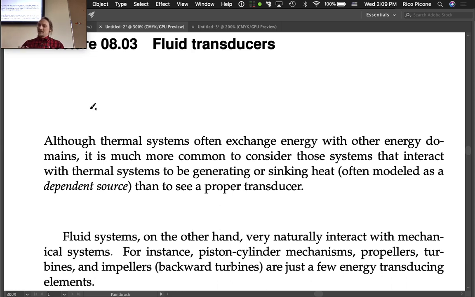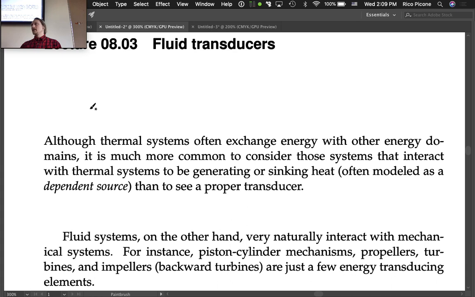So it's not arbitrary. For instance, a heat source interacting with another system might do so based on what the temperature is in the system. That's a very common variable that it would depend on. So it's going to dissipate heat depending on the temperature of that body.